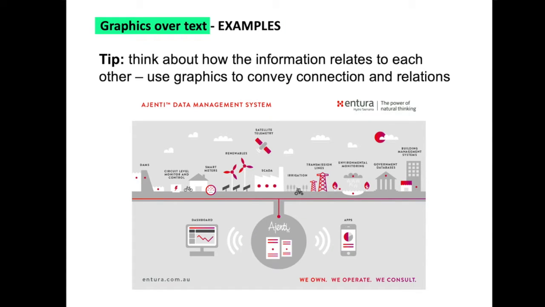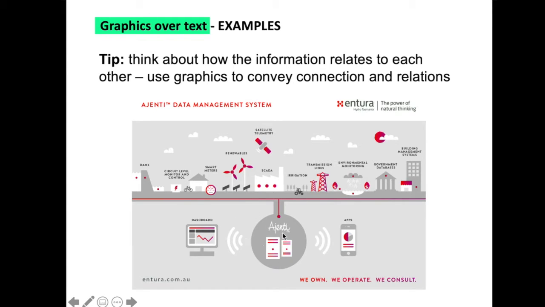Another example of use of graphics is to think about how we convey connections and relations between different elements. So this graphic here is trying to talk about data management systems used by a particular company, and they have different elements: smart meters, renewable energy, satellite telemetry, irrigation, and so on.